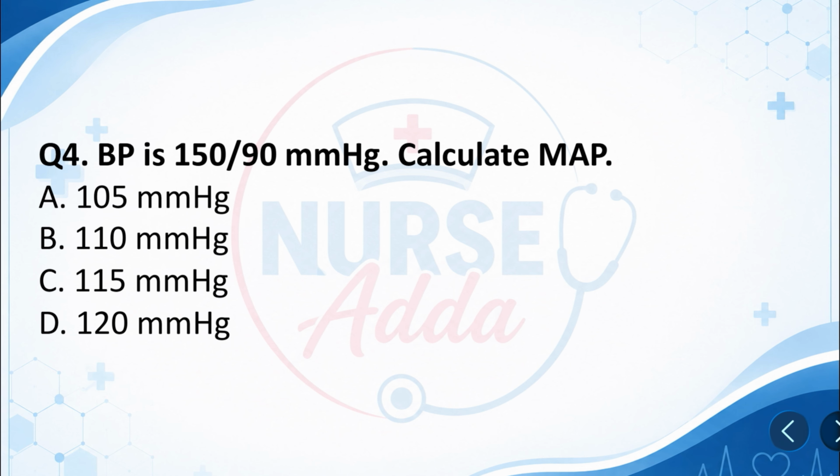Question number 4. BP is 150 by 90 mmHg. Calculate the mean arterial pressure or MAP. The right answer is option B, 110 mmHg.